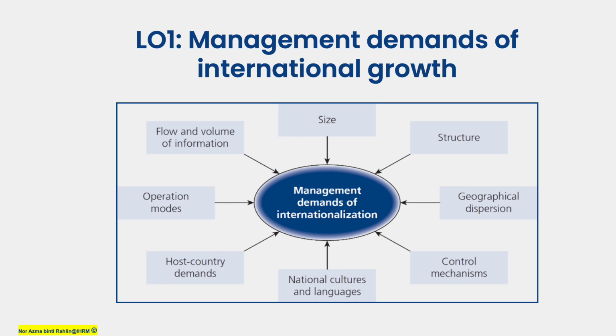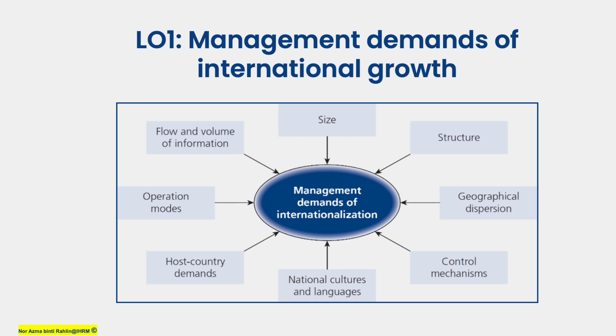Large firms handle more complexity, while small firms face resource constraints. For the structure, the setting of organization structure, you must select the best organizational structure to make sure you can operate with optimum performance in the foreign country.